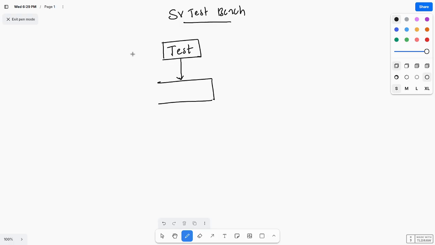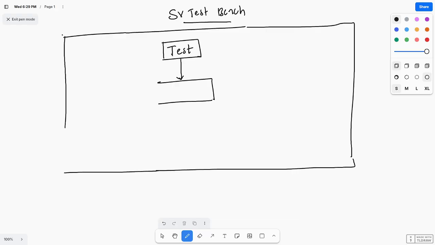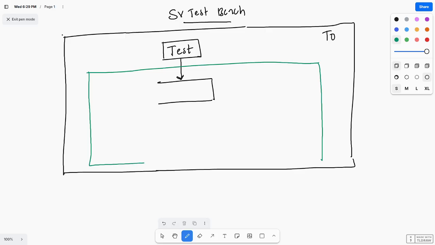So that means this is the total top. We can write this as total top. And in this top, there is this environment. This is nothing but what we can call the environment.